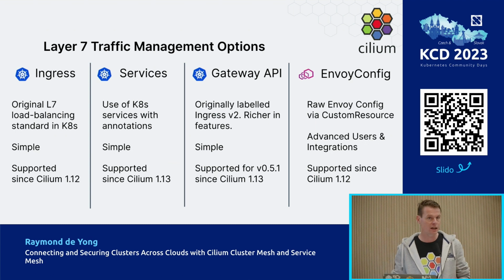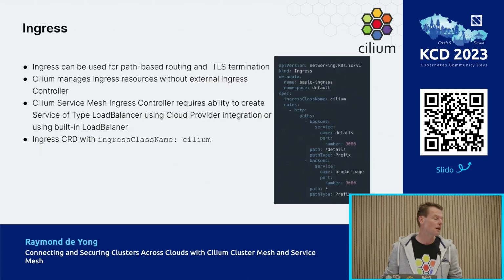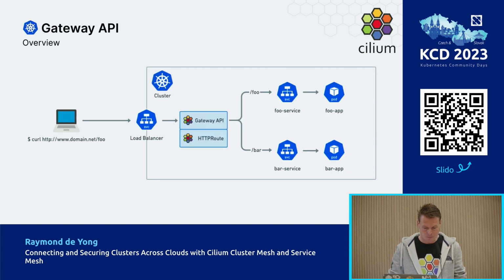I mentioned already the capabilities, so I will skip through. Ingress, for example, native Ingress resources allows you to create path-based routes and such. So you leverage the embedded Ingress class of Cilium and then create Ingress resources depending on what you need there. And this means that you can also use Gateway API, as Ingress V2 is what we are calling it.